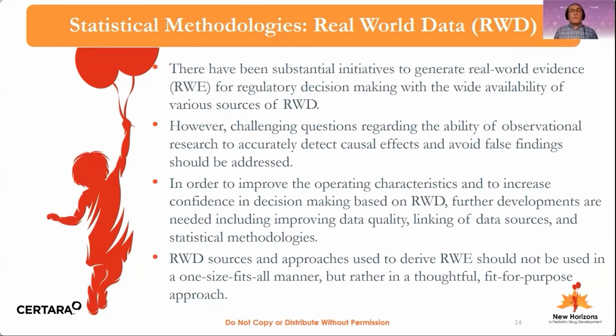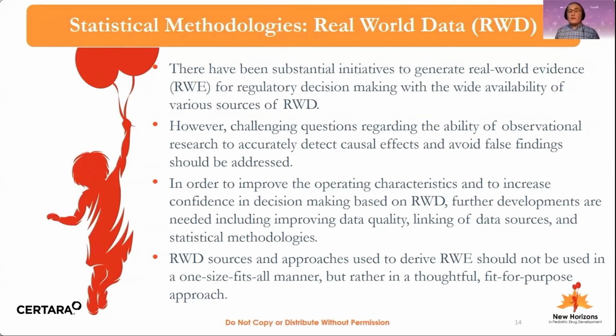There is no doubt that the evidence based on real-world data is very useful. But I think there is still work to be done as far as the regulatory claims go. There is still lots of work to be done to minimize any potential for bias and confounding with real-world data.